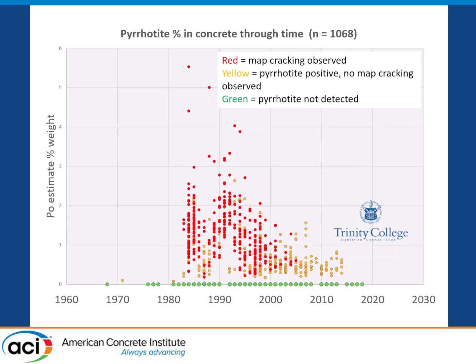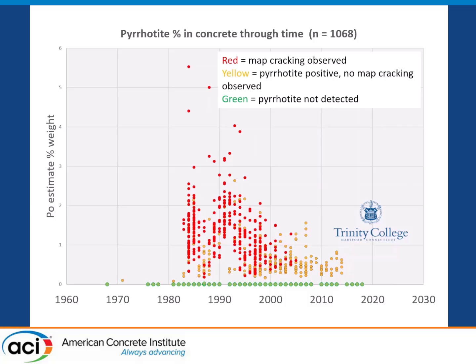Pyrrhotite has changed in samples over time, and there's some interesting nuances here in this plot. First, we're going through time here, back in time. Most homes that we're looking at are post-1980-ish. That's when it's believed that the quarry in Wellington began using material. But what's interesting is that certainly through the 80s and 90s, there are a lot of really high estimations of pyrrhotite in homes, and that tends to taper off.